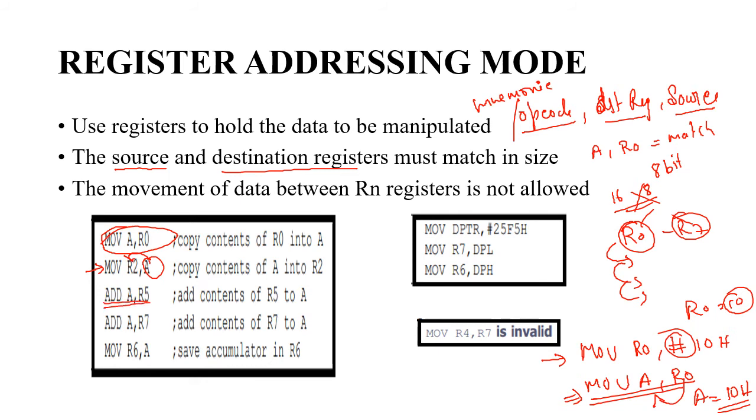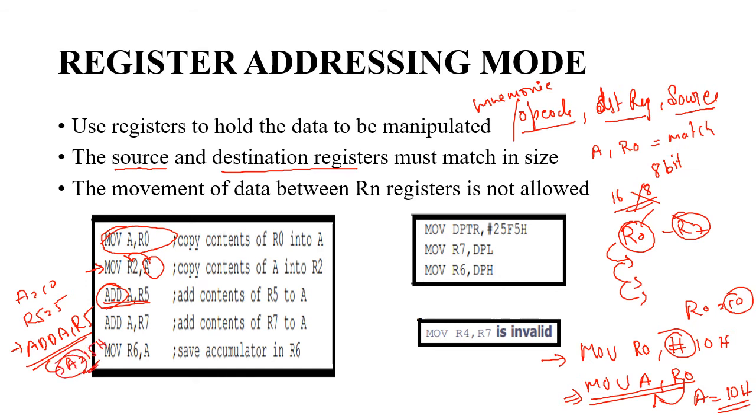In this case, add A comma R5. Add is a mnemonic to add two numbers. So ADD A comma R5 adds the content of accumulator A and R5. See here, for example, A is 10 and R5 is 5. After you have the instruction add A comma R5, the result will be in accumulator, that is 15H.